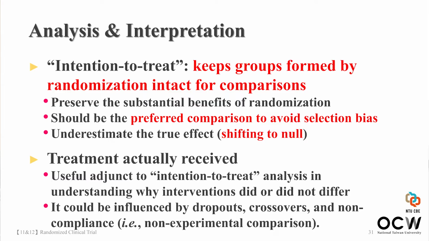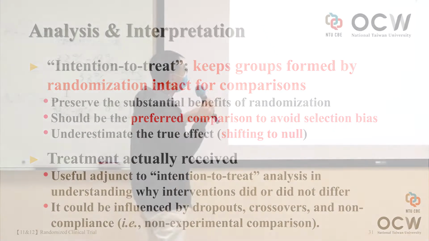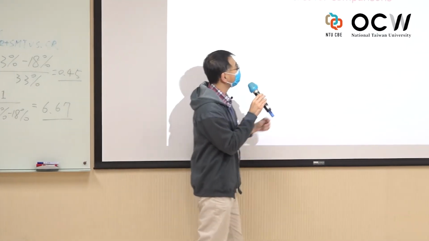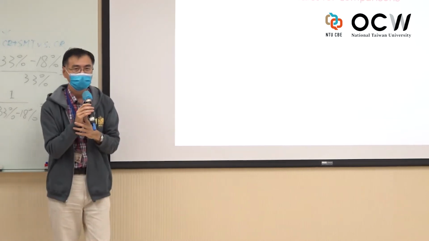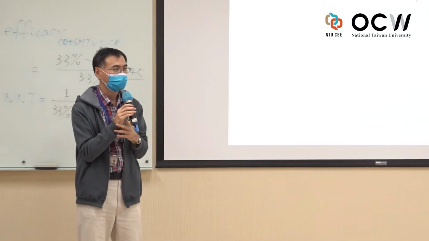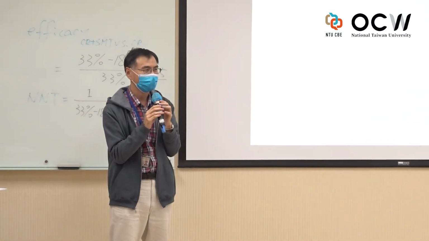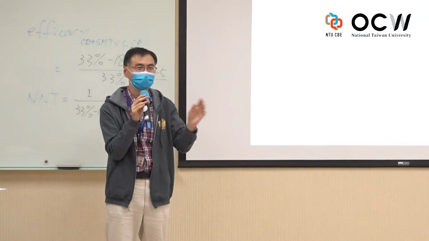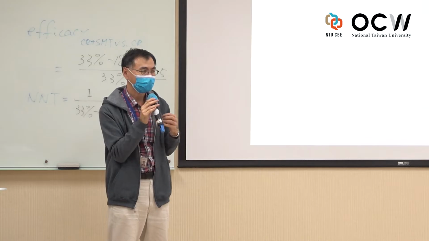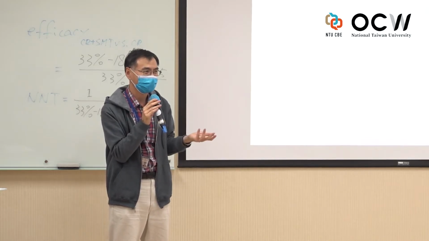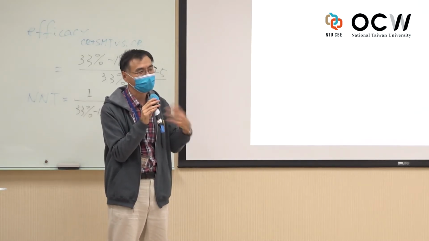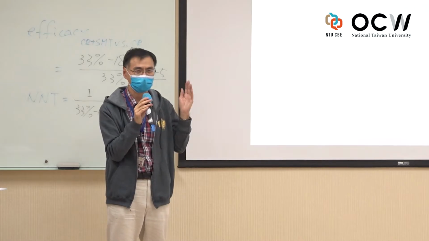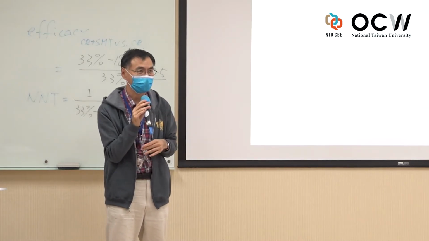Basically, we just keep the groups formed by randomization intact for comparisons. If you have a lot of experience in the practice of randomized control trial, it's very unlikely that you could keep every single one from the beginning to the end, right? So people might leave without telling you any reason, right? Or people just tell you, I don't want to do it anymore, no matter they are in an intervention group or in a placebo group.